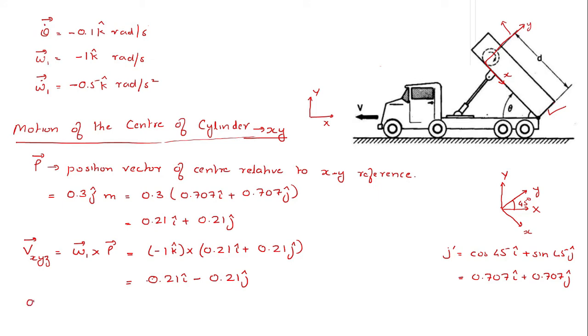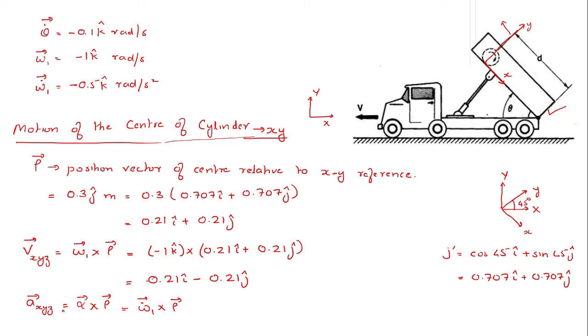Now the acceleration of the center of the cylinder relative to the secondary reference frame small xy can be expressed as alpha cross rho vector, or I can write this as omega 1 dot vector cross rho vector.